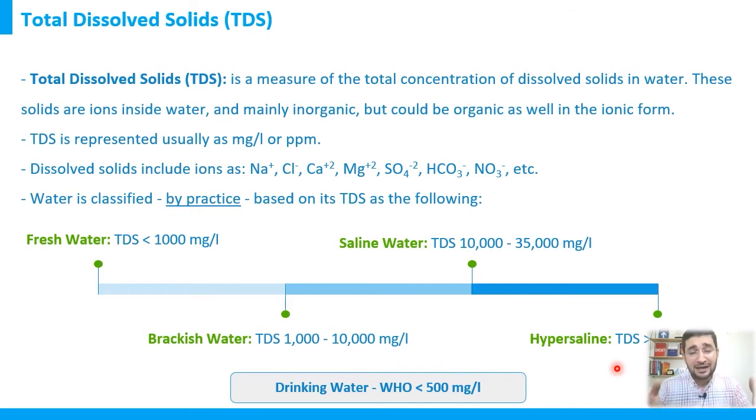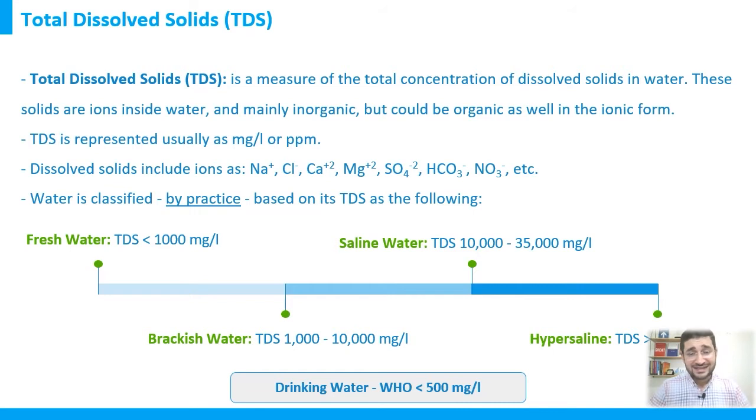Maybe in other countries we have higher or lower limits, but as per the WHO, the World Health Organization, a water with TDS less than 500 milligram per liter, we call drinking water. If you want the details of WHO standards for drinking water, you can find them in the resources and get the material over there. I'll give you different standards of drinking water, one of them is WHO, which stands for World Health Organization.